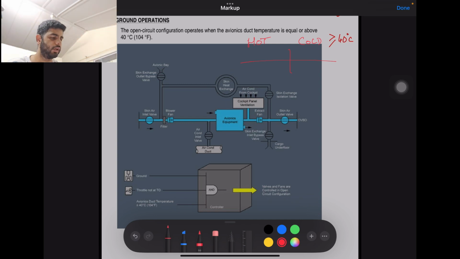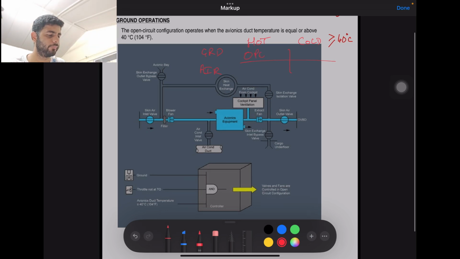It's either hot or cold. Are you on ground or in air? If you're on ground and it's hot, you go into open config, and if you're on ground and it's cold, you will go into closed config.